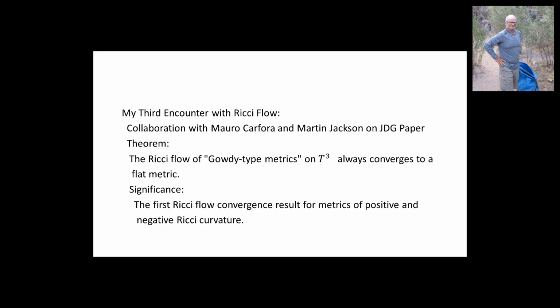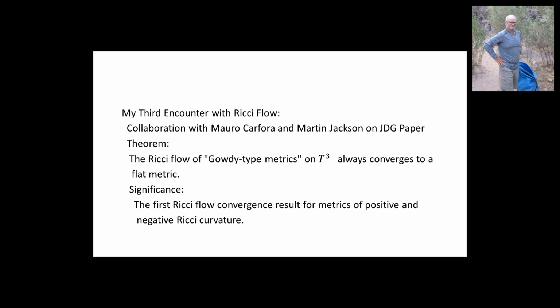So as a consequence, after a meeting with Marcus, I invited him to Oregon. And so this started a collaboration with Marcus and Martin Jackson. And what we were able to prove is the theorem that says that if you look at the Ricci Flow of so-called Gowdy type metrics on the three-torus, and these are metrics with a T2 isometry and some other conditions, we can show that the Ricci Flow of these metrics always converges to a flat metric.